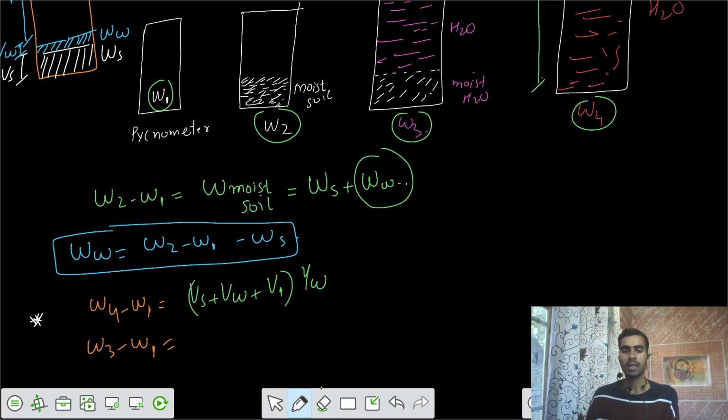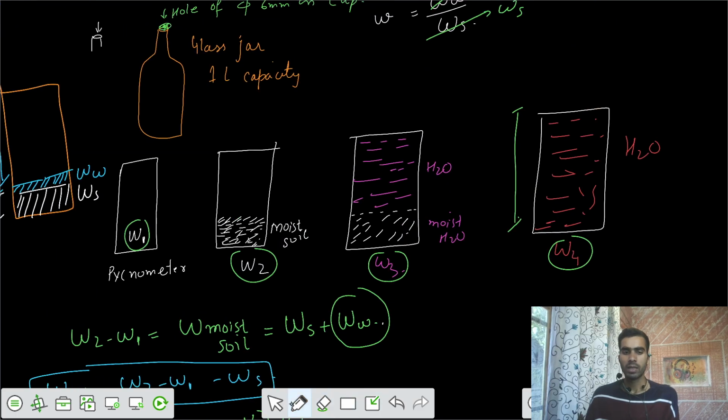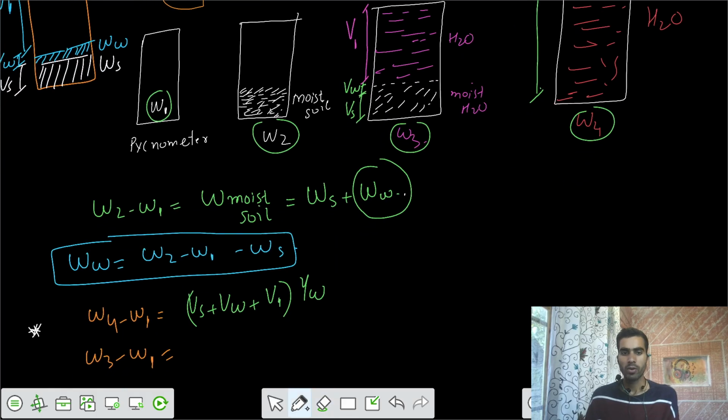Only the part that is left is the volume V1 for the water, a little bit of water, which we write as volume of water, and the volume of solids also.